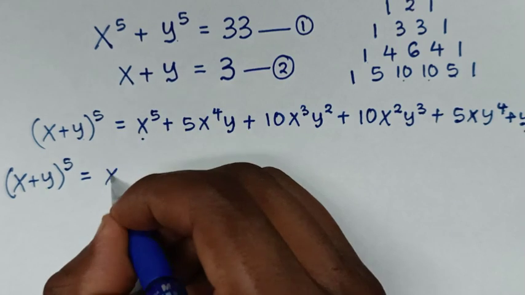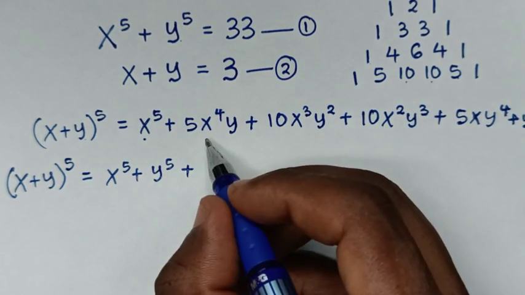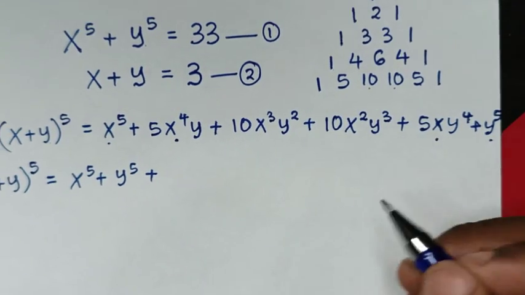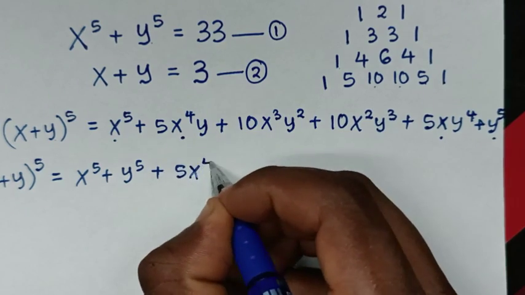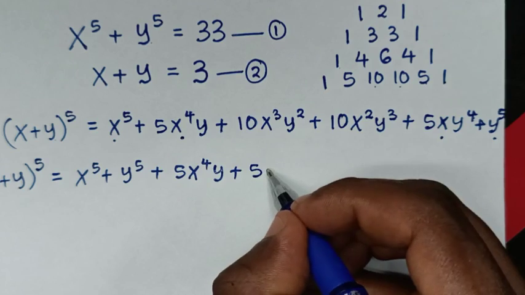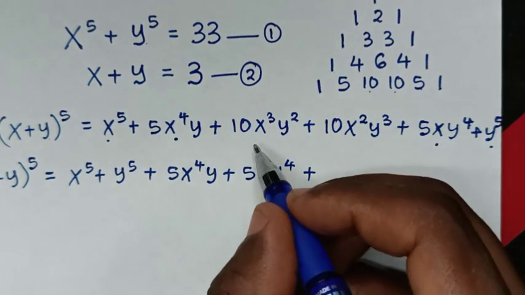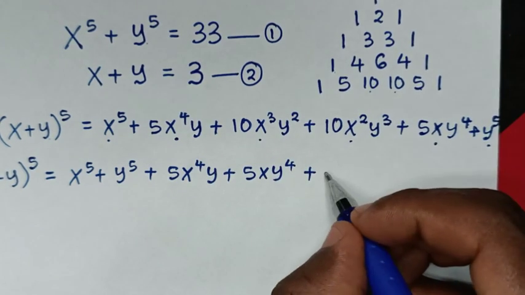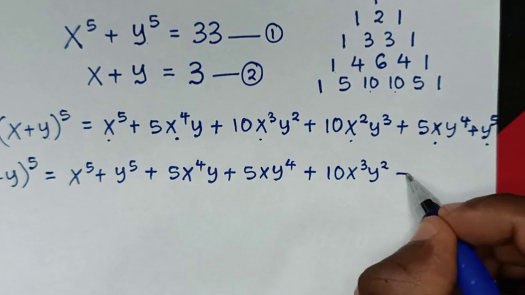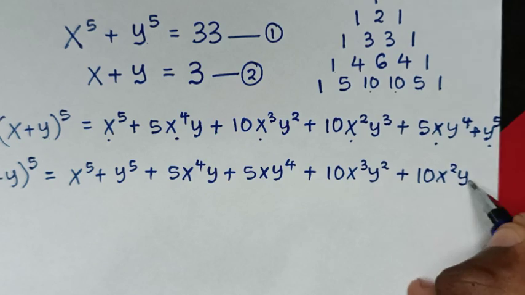So here it will be x power 5 plus y power 5, then plus this with coefficient 5, it will be 5x power 4 y, then plus this 5x y power 4, then plus this with coefficient 10, it will be 10x power 3 y square, then plus 10x power 2 y power 3.